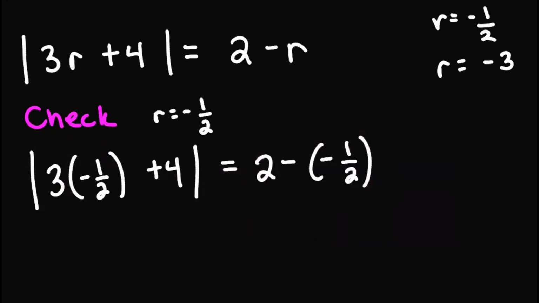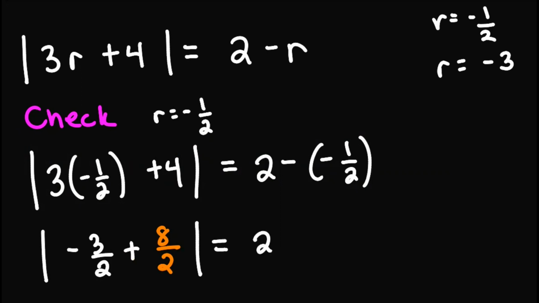On the left side, this simplifies to negative 3 over 2 plus 4, and note that we can write 4 as 8 over 2, so we'll have the same denominator. And this one is equal to 2 plus 1/2, and we can also write 2 as 4 over 2.